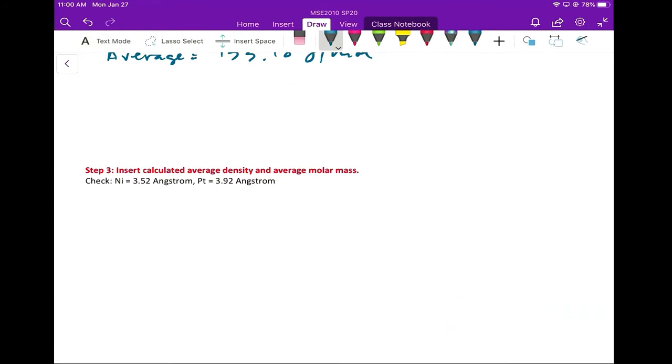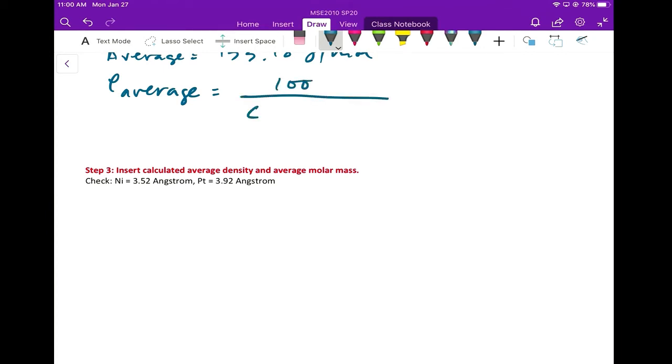Okay, so let's go back. So now we have to calculate what is the average density of an alloy that has 20 weight percent nickel and 80 weight percent platinum. So that's the density, and we know that the average density is given as follows. C Ni is once again 20 weight percent, so C Ni is 20.